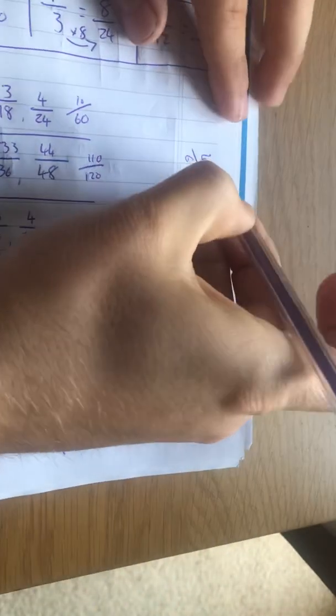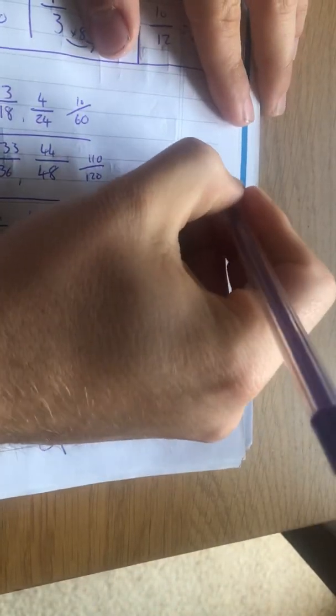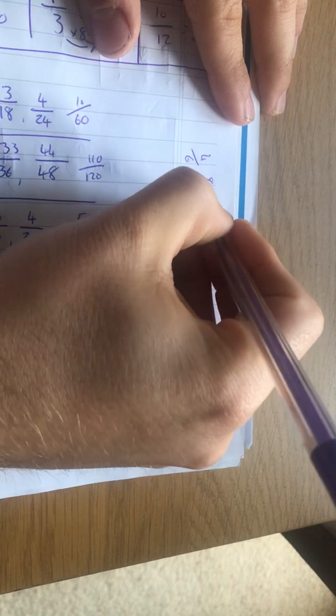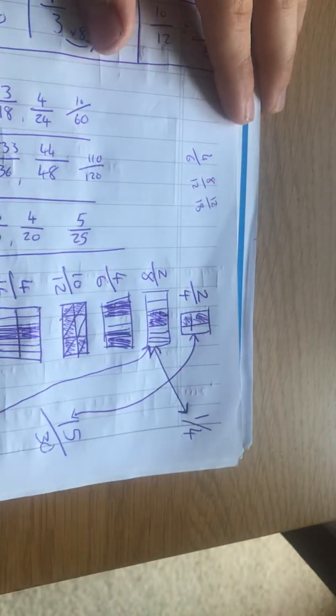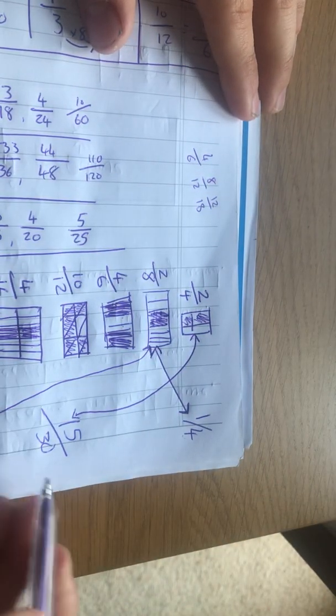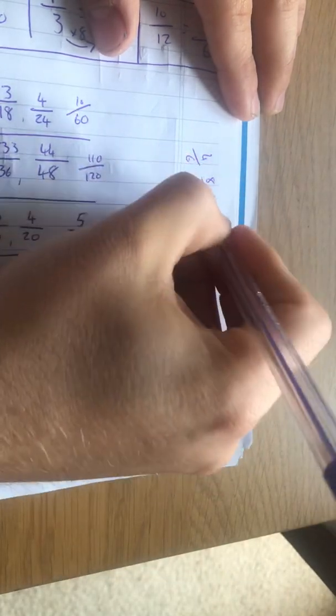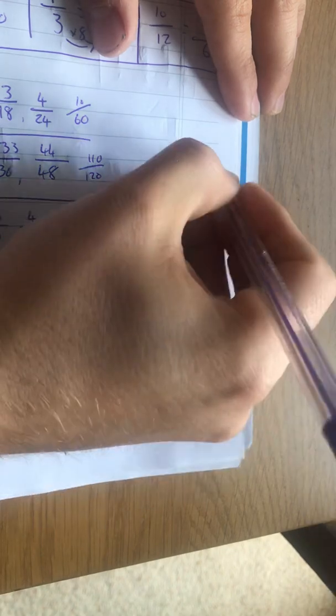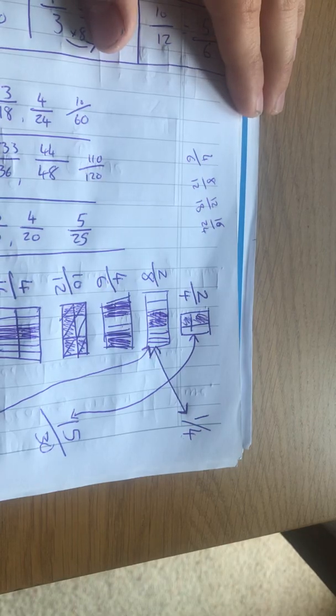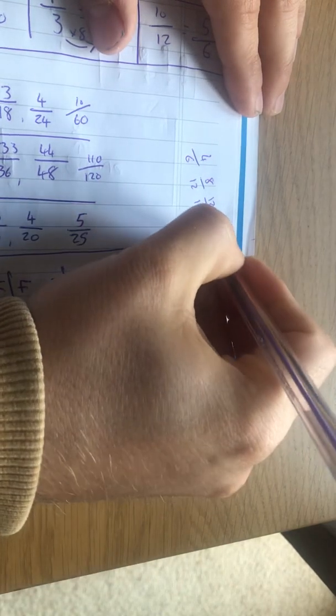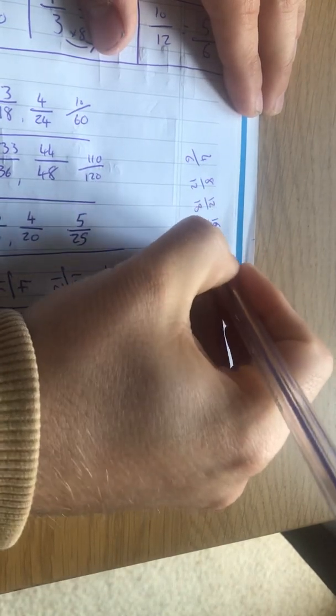On the board at school, I'd be going big now. 8/12, 6/12, 18, and you'd just be going through like this. Have you got any? 6/12, 18, 24. So 4, 8, 12, 16. So you're just doing your multiplications along. 30, 20.